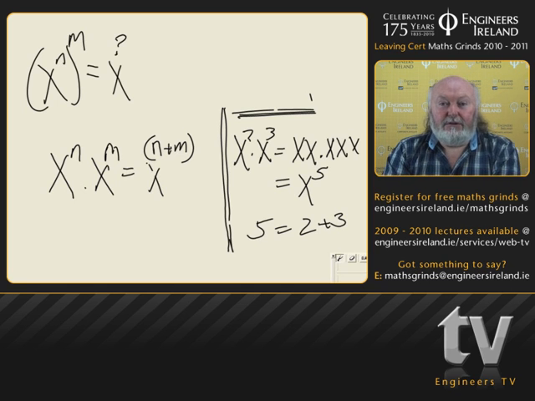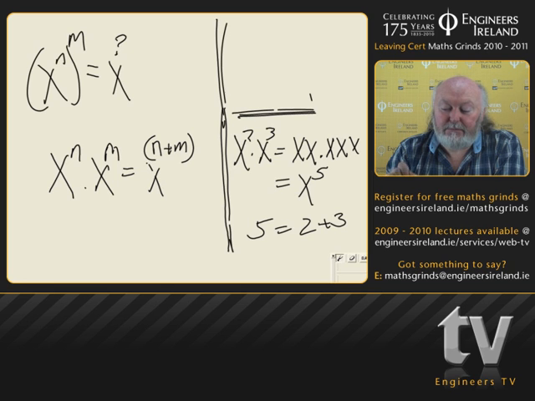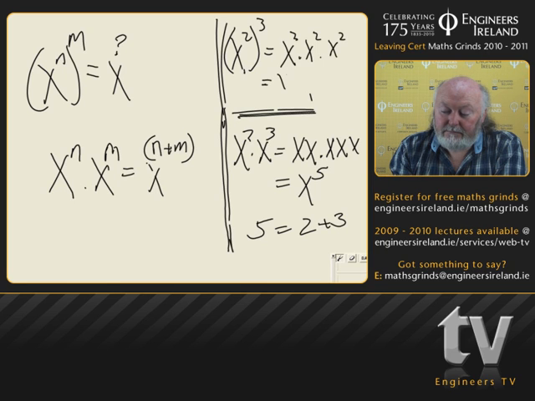Now, the other one that's a bit similar, x to the n, all that to the power of m. Well, pick a simple example. And you got 6 of them.